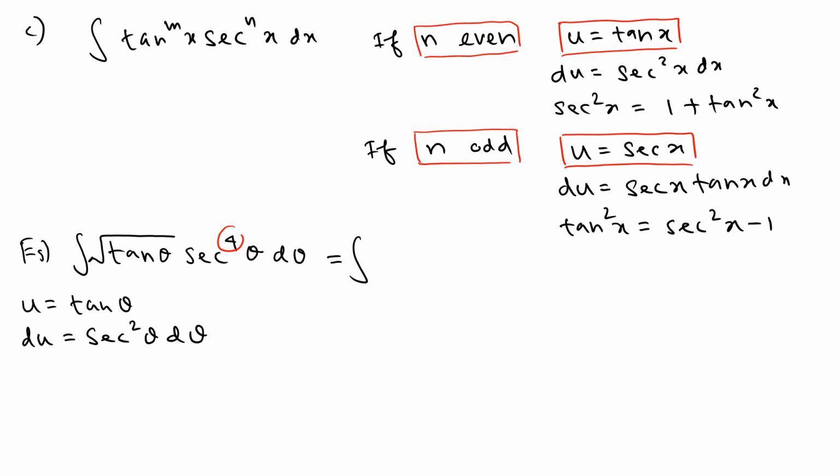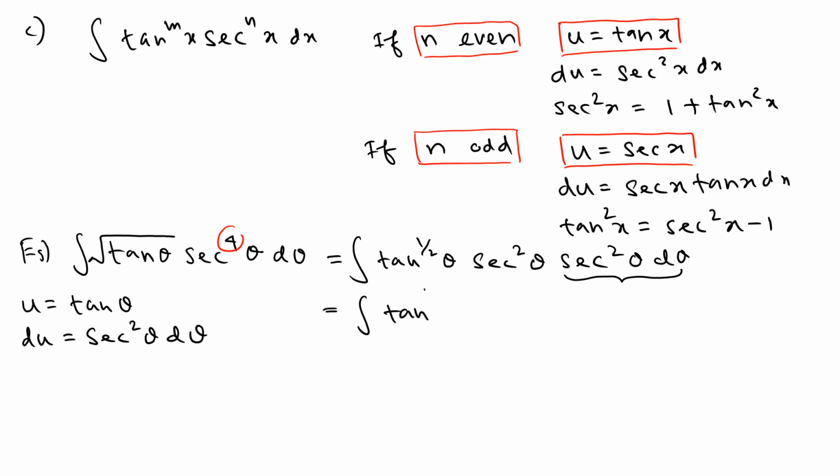We can rewrite this as tan to the half power, and we pull one secant squared theta out, and we also have secant squared theta d theta. This is the derivative part, so we leave it like that, and everything else we write in terms of tangent: tan to the half theta times 1 plus tan squared theta, times secant squared theta d theta.